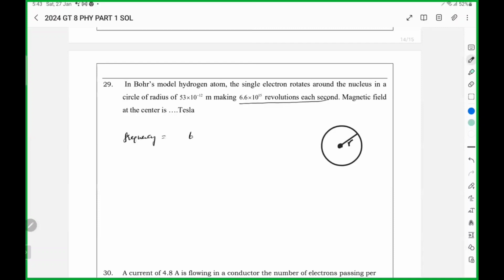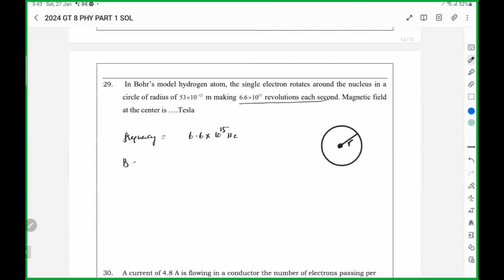Frequency will be how many times it is making revolution. For each revolution, it covers this much angle, or just frequency, that is enough. Frequency is number of revolutions per second.